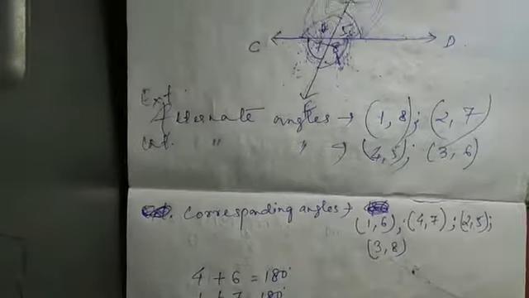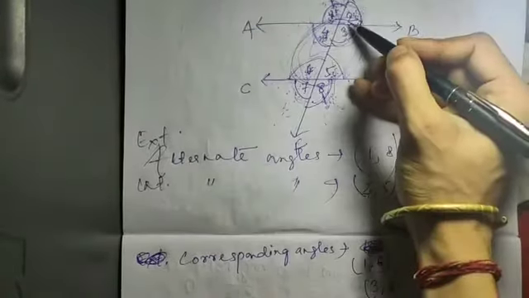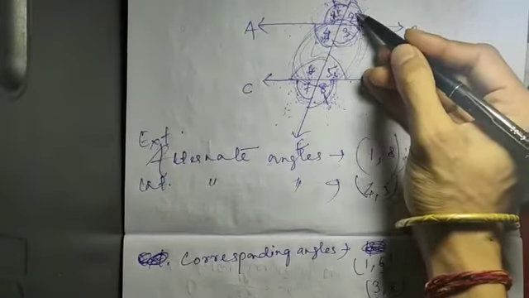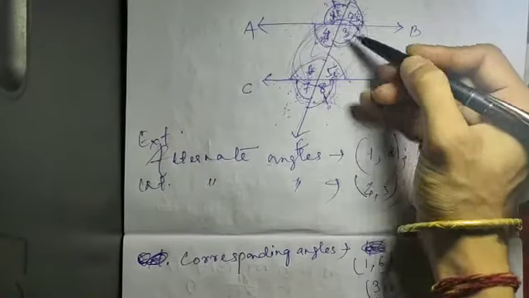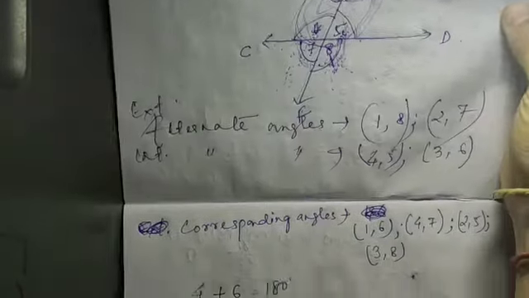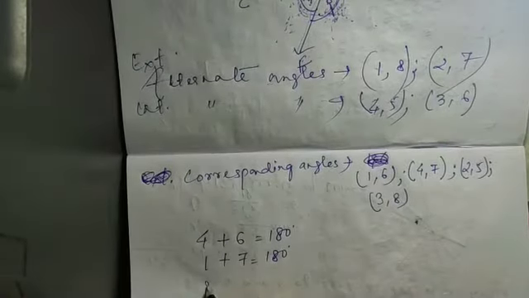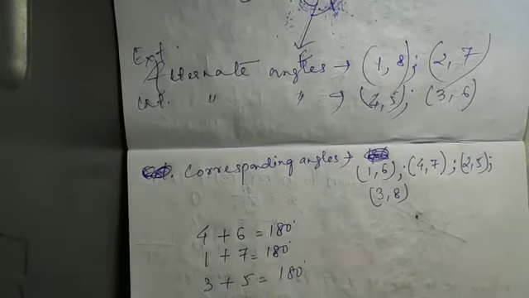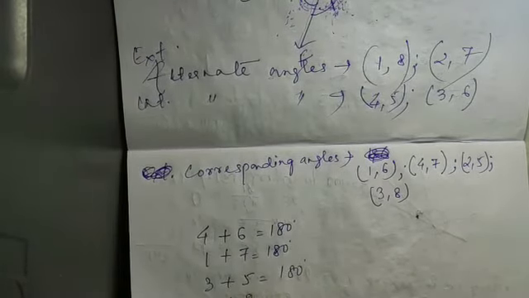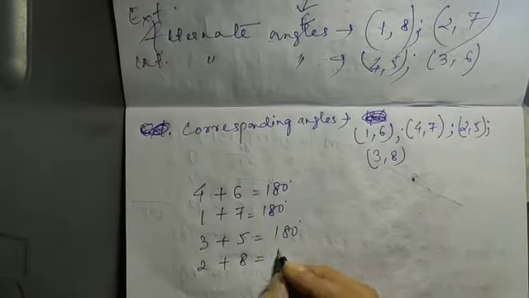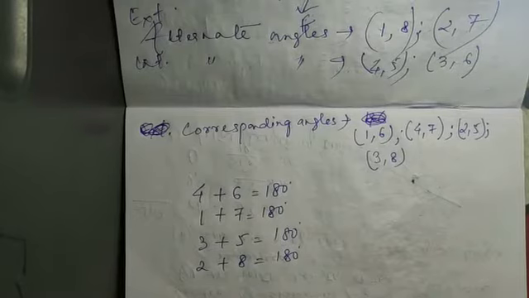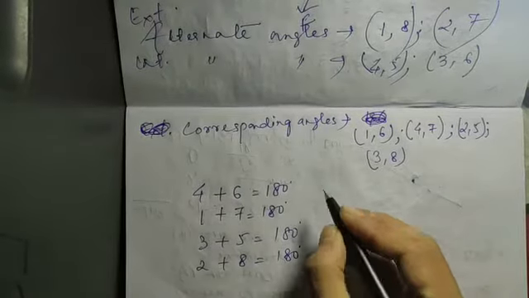Done. In the same way, on the right side you see, interior angles 3 and 5. So 3 plus 5 is 180. Again, exterior angles 2 and 8. So 2 plus 8 is 180. This is also a property. So this is the sum of the interior angles on the same side of transversal.